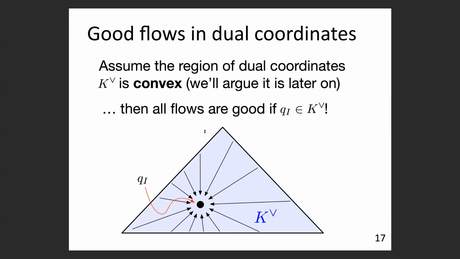If that's true, then if Q is inside K check, all the flows are good, because they don't, for instance, run into a boundary, since the region is convex. And you can also easily check that the value of the central charge here is positive. So it's just a nice function with a global minimum, and all the flows are running down to that global minimum. So this is a very nice situation, and I get smooth BPS black holes from this situation.